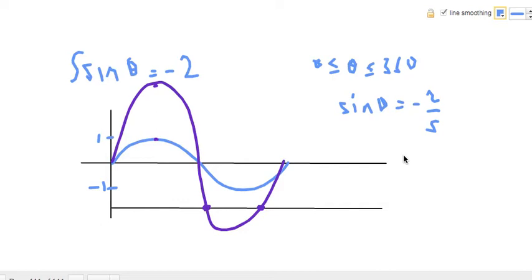Oops, I'm doing inverse sine, bear with me, inverse sine of 2/5. We get, in degrees, 23.6 degrees.